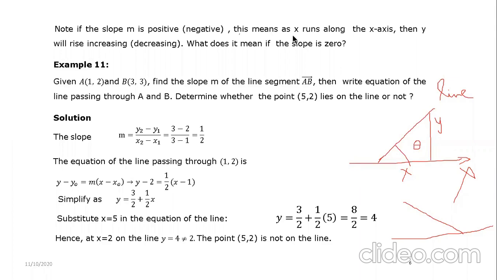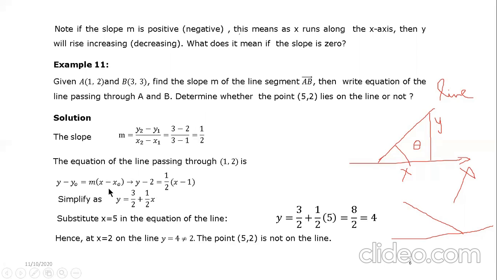The slope is half. As I said, you can calculate the slope from any two known points on the line by subtracting the y values of the two points divided by the x values of the same two points. We get m equals half. The equation of the line passing through 1 and 2 is y minus y naught equals m times x minus x naught.